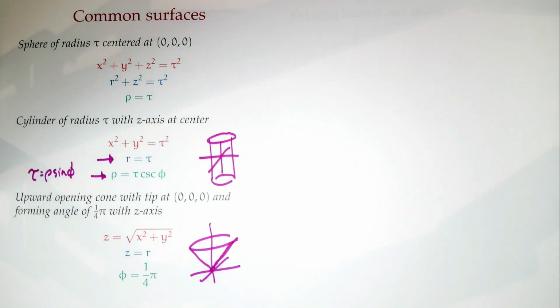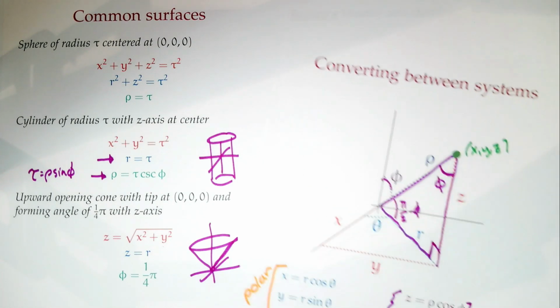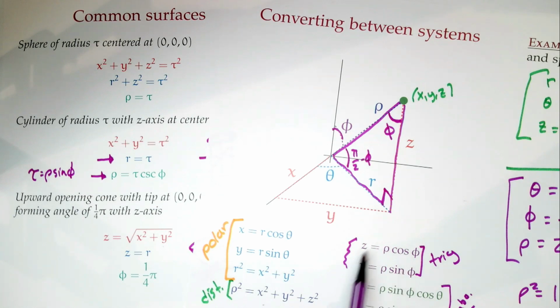Okay. Why is that? Well, if you look at this, if you start with your equations here, let me get this right. If I do r over z, if I divide r by z, what do I get? Well, rho sine phi divided by rho cosine phi, what is that?